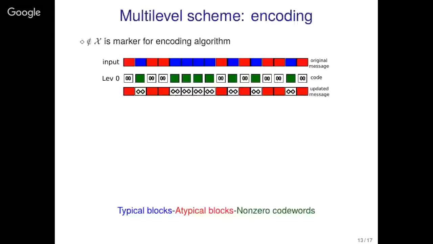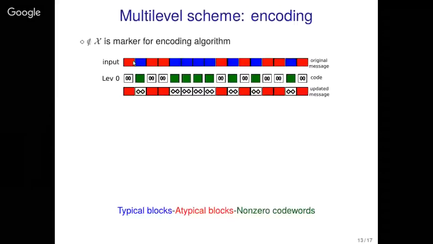The scheme operates in levels. At level 0, we partition the message symbols into chunks of constant size, and corresponding to each chunk, we will generate a level 0 codeword.